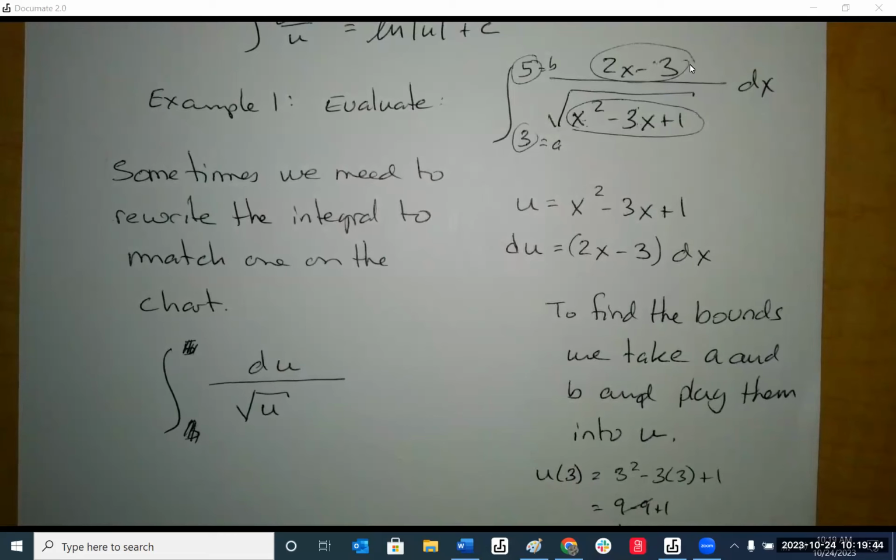We get 1. So our lower bound starts at 1.